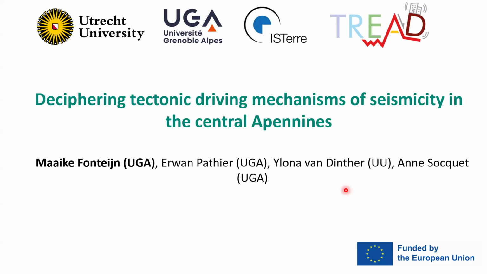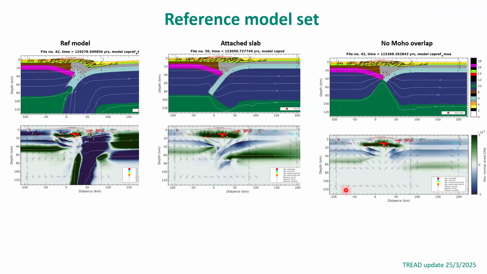Okay, so I'll start. I just put up the slides from the last meeting. I'm still working on the same topic, and today I will show some more models than I presented last time. Last time I mainly presented my reference model, which is this one.